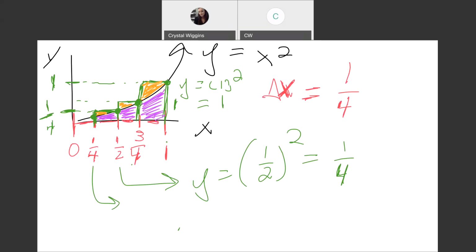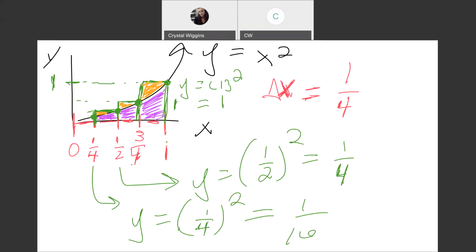So I put a quarter into the function, y equals 1/4 squared, which gives us 1/16. So the height of this last rectangle is 1/16. And I draw my last rectangle, again with some of the area overestimated and most of the area underneath the curve.